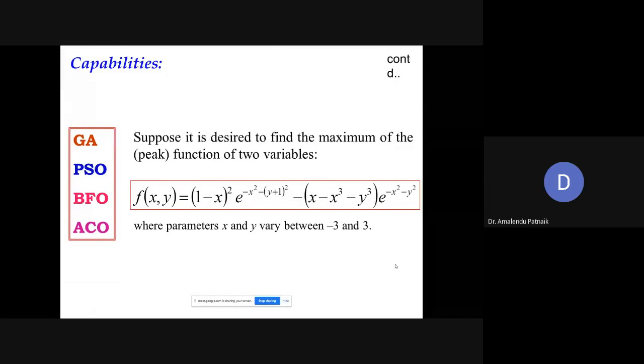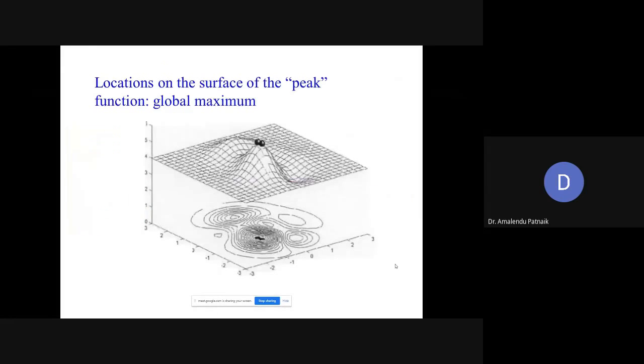Those are the restrictions, and within this range you need to find out the peak value of this function. Any of these meta-heuristic techniques can be used to solve this kind of problem. If you apply any technique, it will give you the result, the location on the surface of the peak, or global maximum.